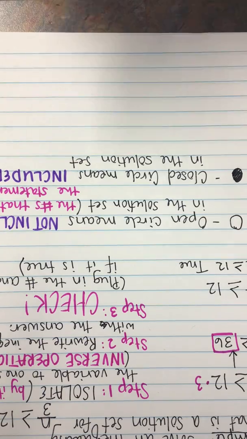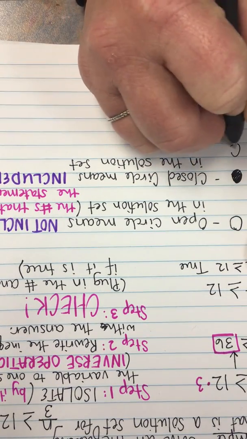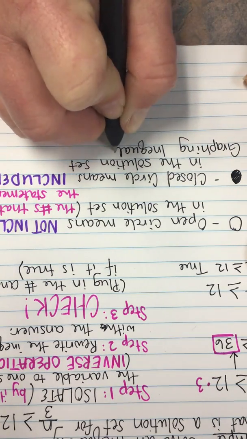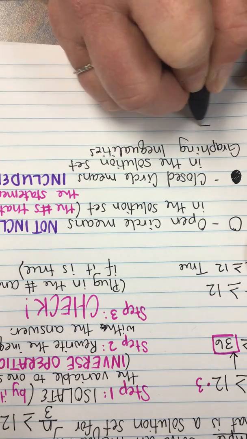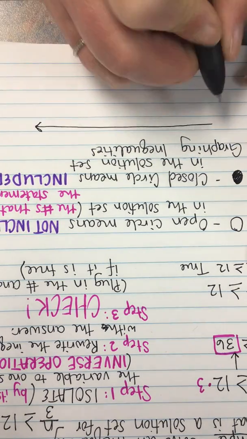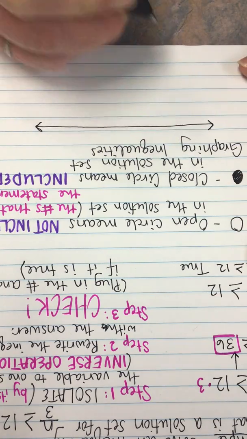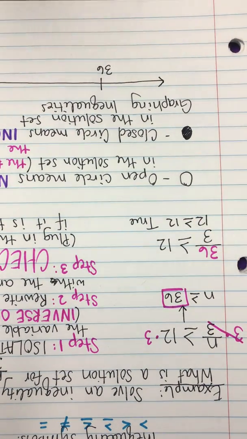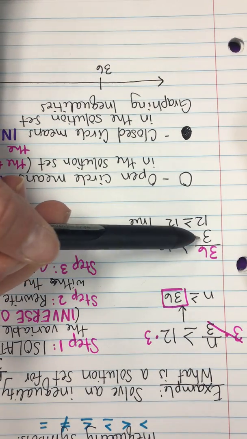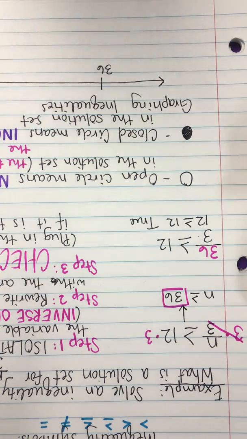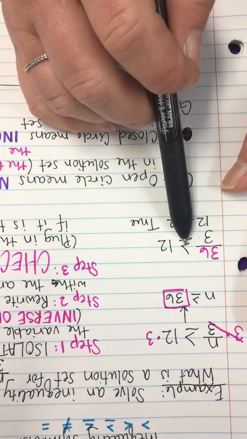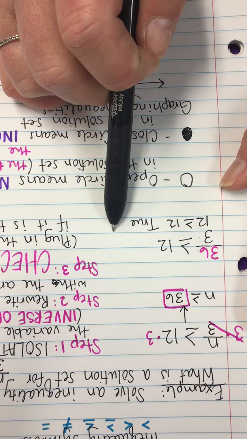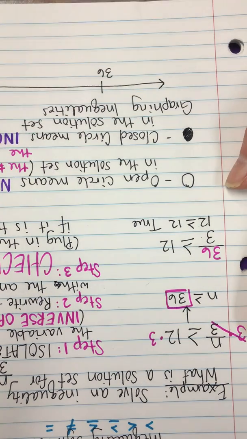The last part is we're going to graph this. I'm going to draw my line, and my answer was 36, so I'm going to put 36 here. When your variable is on the left side, the inequality symbol will always point in the direction your arrow needs to go. The tip of it is pointing to the right, so the arrow on my number line is going to go that way.